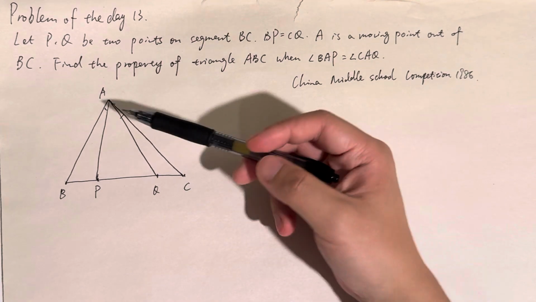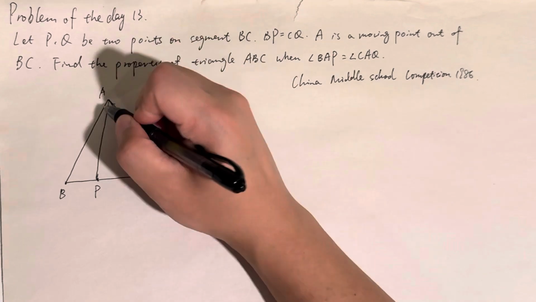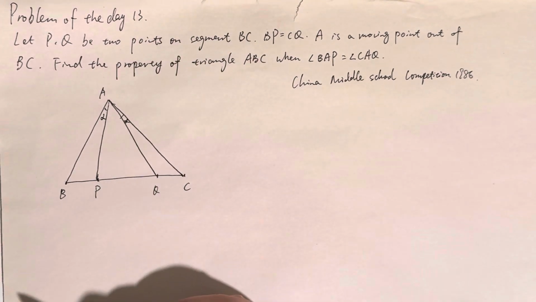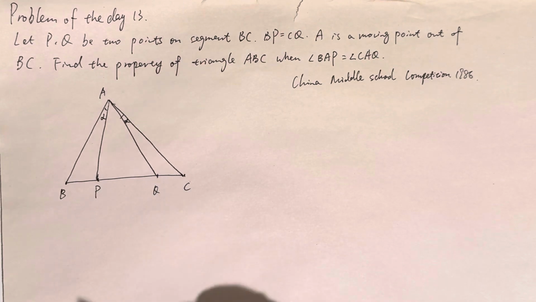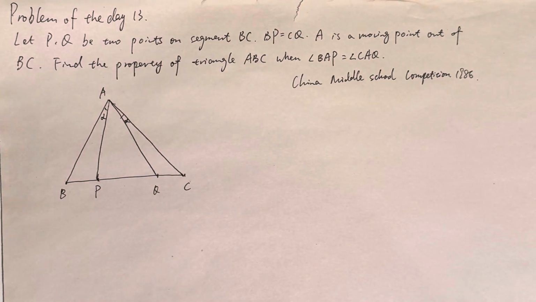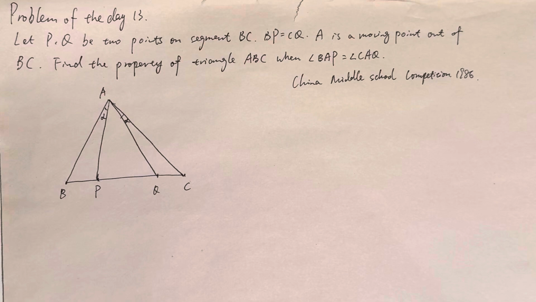Basically, if you just think about this problem, it looks so symmetric, right? Because these two angles are equal and the segments are equal. So you would guess the triangle ABC is an isosceles triangle, where AB equals AC. Basically, we just want to prove that.